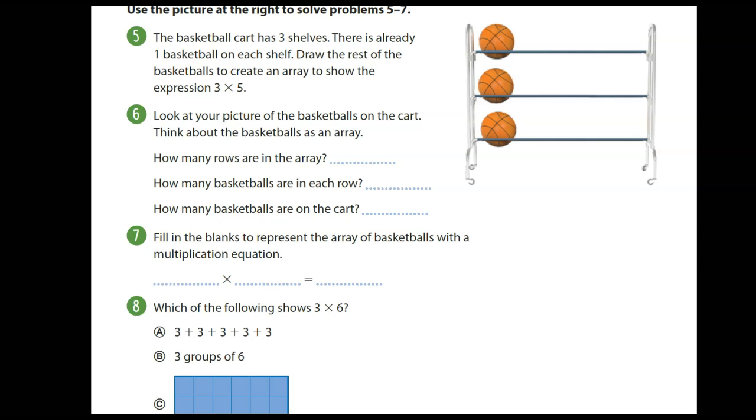So if I have 3 rows already, how many basketballs do I need? 5 of them, right? What number is that? 5. So how many basketballs am I going to need? 5 of them. I have 1 already. So how many more do I need to draw? 4 on each row, right? 1, 2, 3, 4.